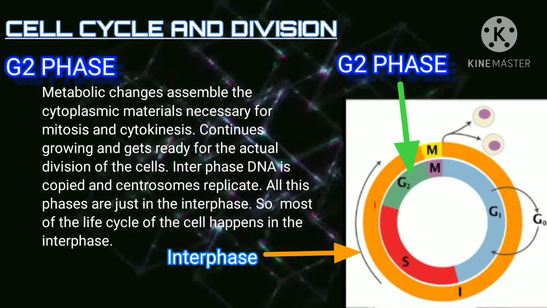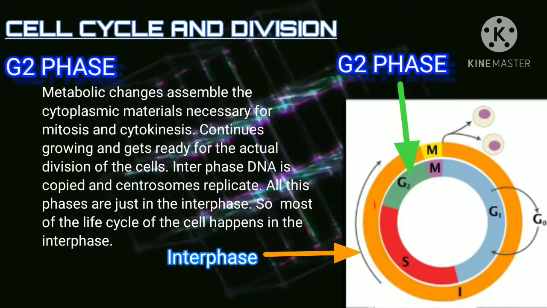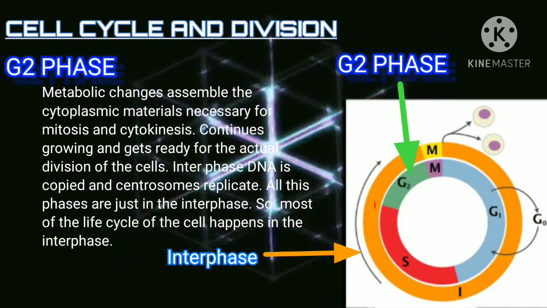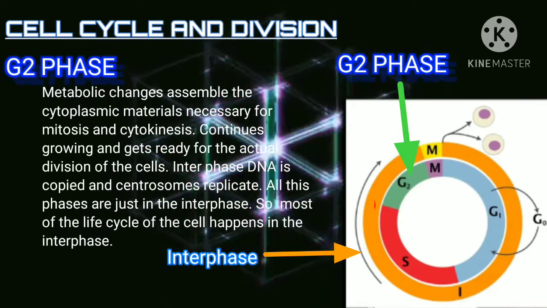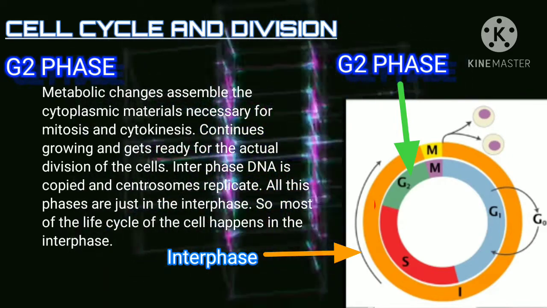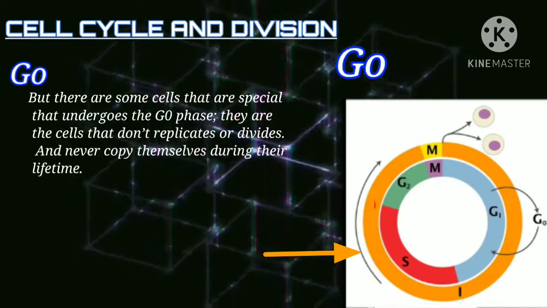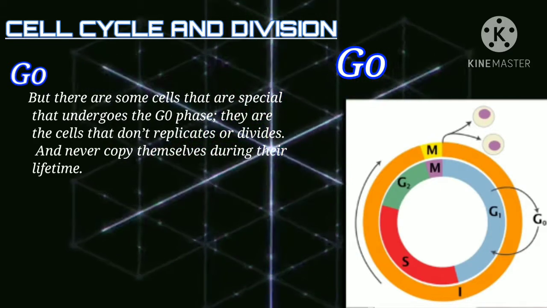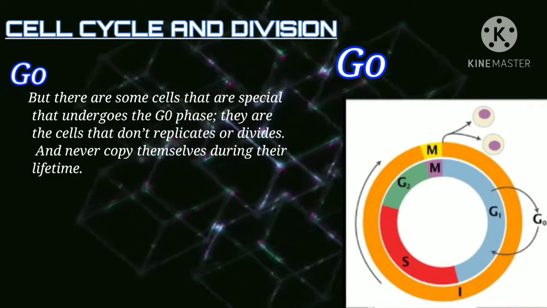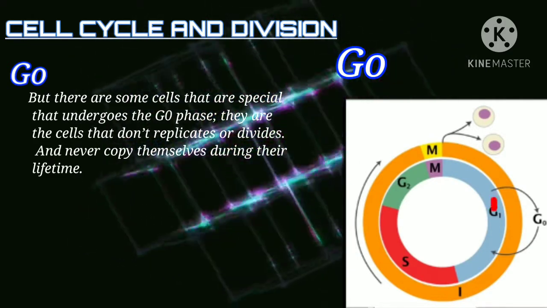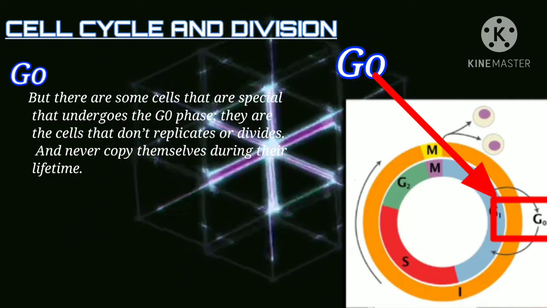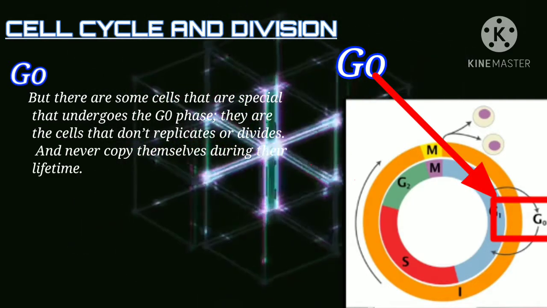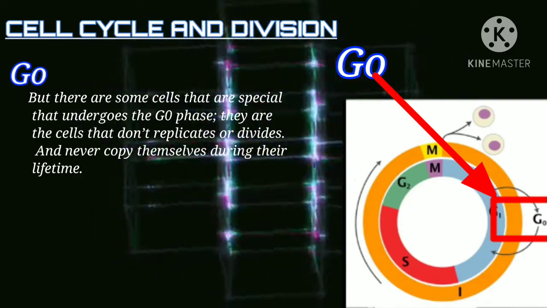So note that most of the life cycle of the cell happens in the interphase here. But there are some special cells that undergo the G0 phase.